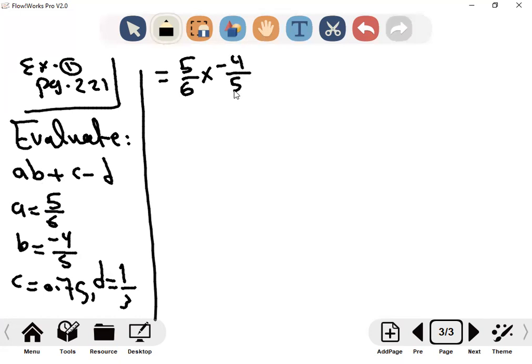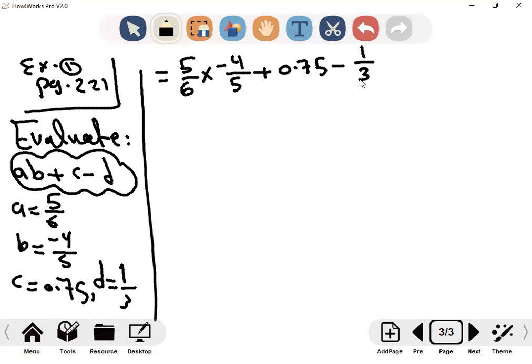Continue with the expression. Plus C, 0.75. Minus D. D is 1/3. This is -1/3.